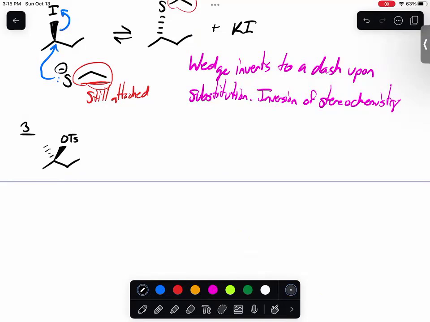And we tried to do a substitution with NaOH and DMF, we would see that there would be no substitution reaction that would occur.